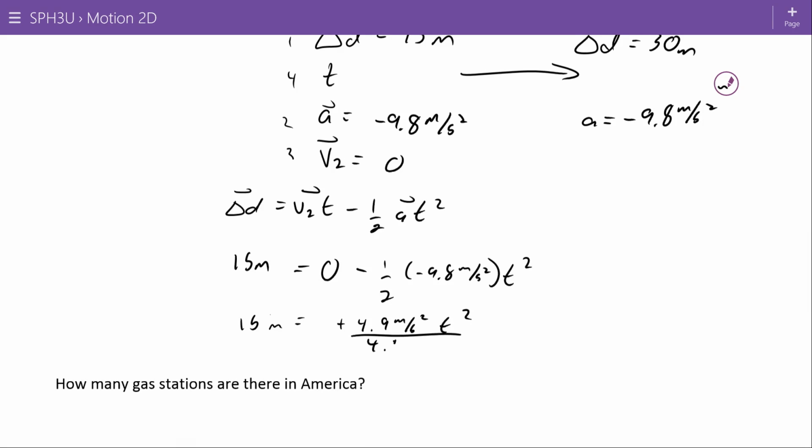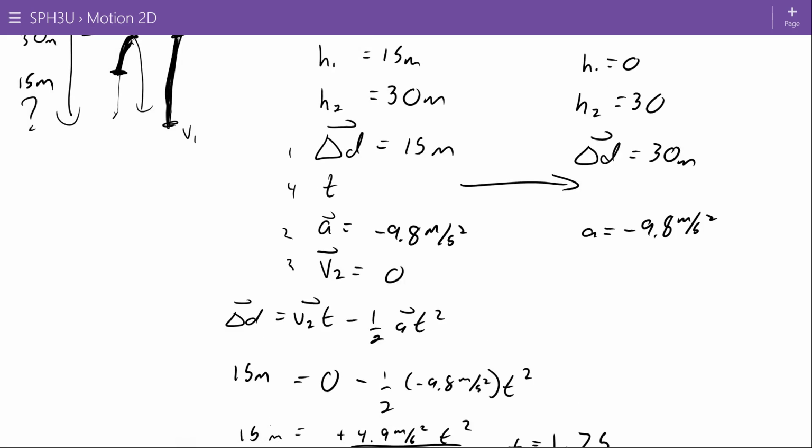Dividing both sides by 4.9, T equals, don't forget the square root here, the square root of 15 divided by 4.9, so it works out to about 3, and then the square root of that is about 1.75.